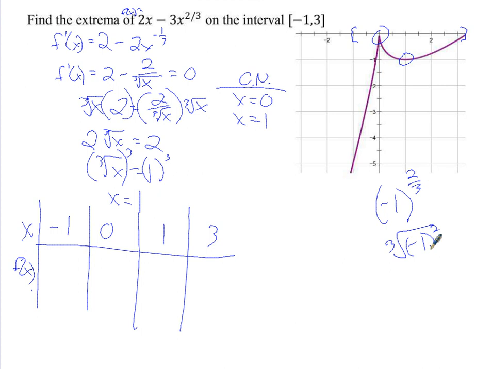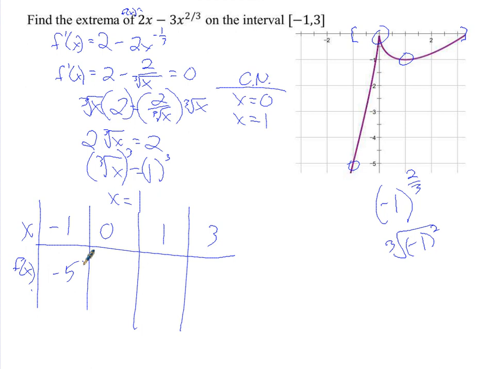So we can go -1 squared, which is 1, and then the cube root of 1 is 1. Times -3, which is -3, and then over here we had -2, so we get -5. When I look at my graph, I do look like I'm at -5, so this is -5.